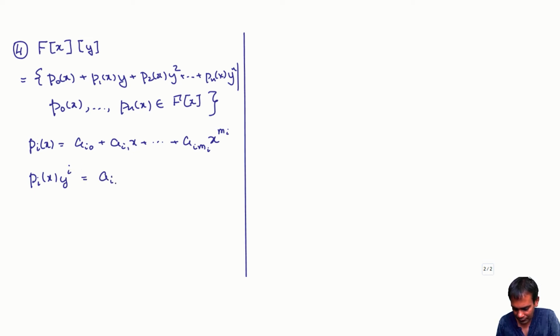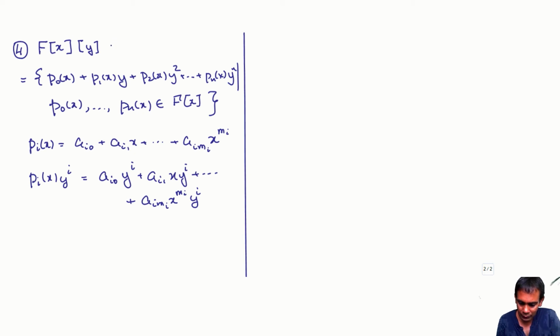Then you can write pi(x) y to the i as ai0 y to the power i plus ai1 x y to the power i plus and so on plus ai mi x to the mi y to the power i. So each of these products here will become a polynomial in two variables x and y, and you add it up, and this is actually a polynomial in x and y.